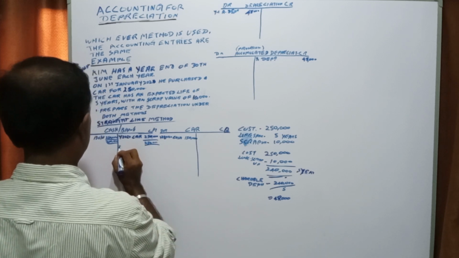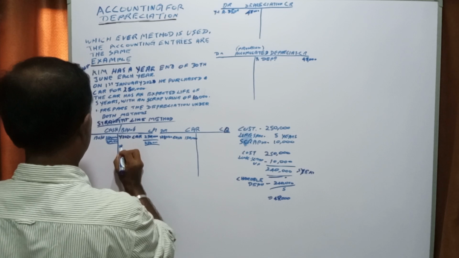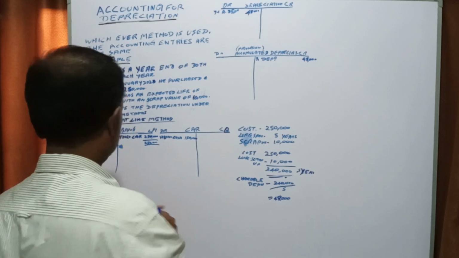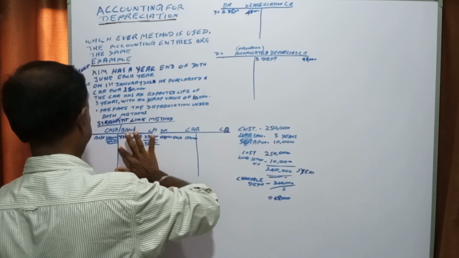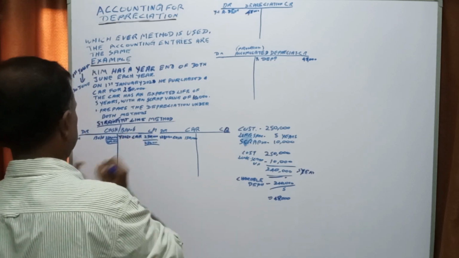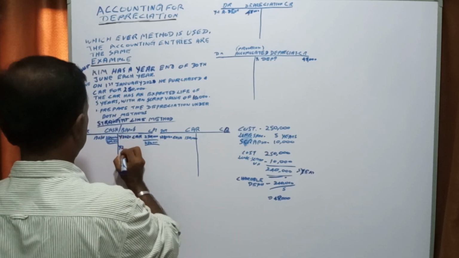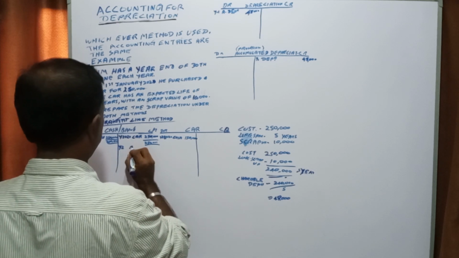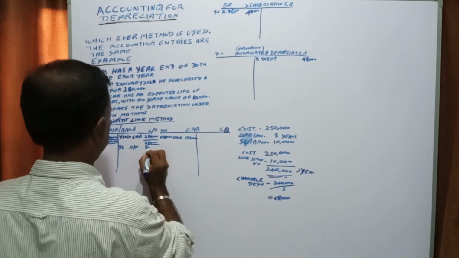Year 2 balance brought forward is 250,000.